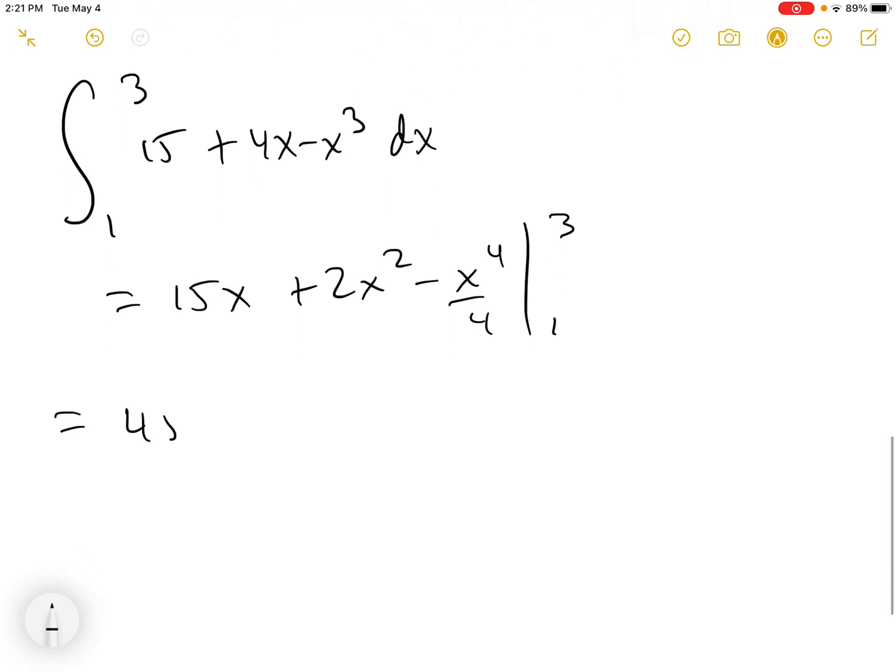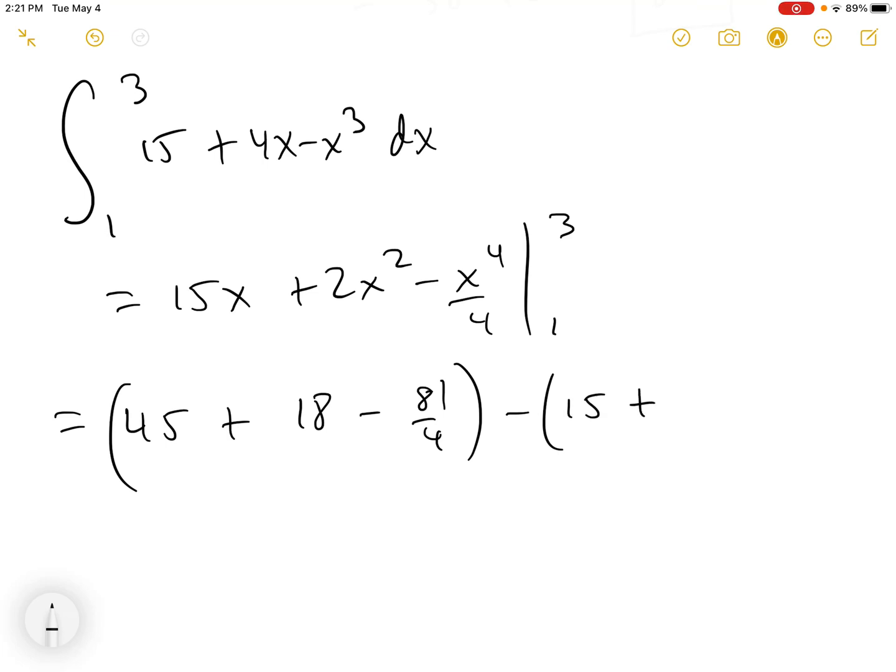So it's 45 plus 18, because 9 times 2 is 18, minus 81 over 4, minus 15 plus 2 minus 1 over 4.